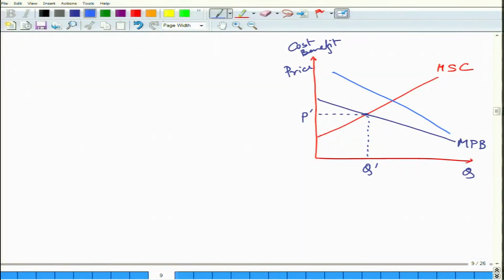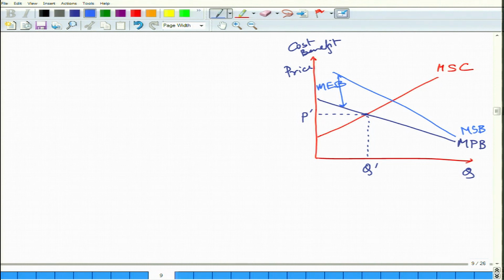So in that way, if there is a marginal external benefit, the marginal social benefit curve should be above the marginal private benefit curve, and this vertical difference is my marginal external benefit.